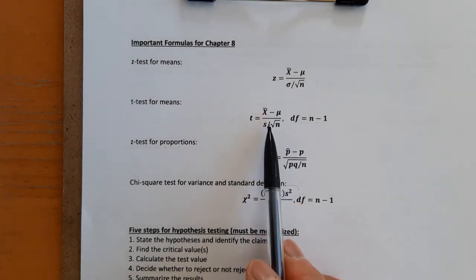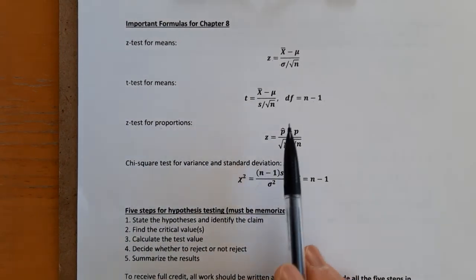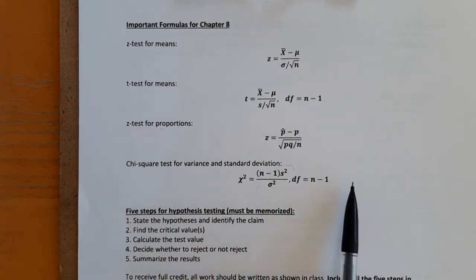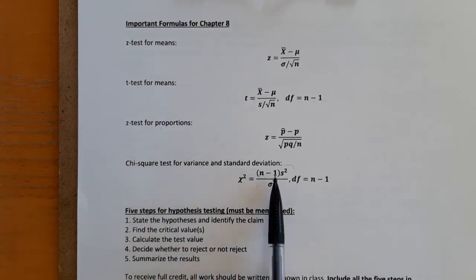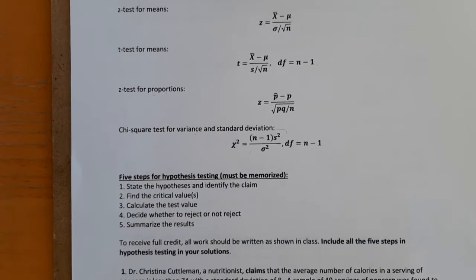If sigma is unknown, given the sample standard deviation s, use the t-test. The proportion always uses the z-test. And the chi-square test is for the variance and the standard deviation.